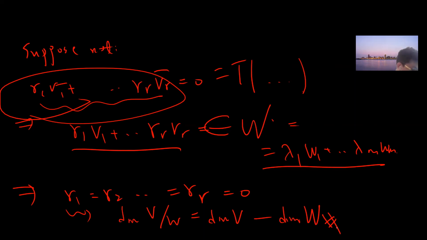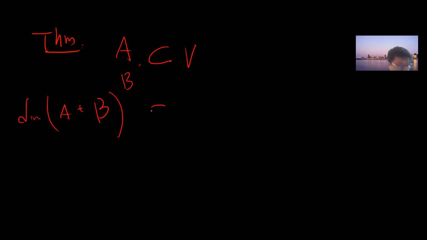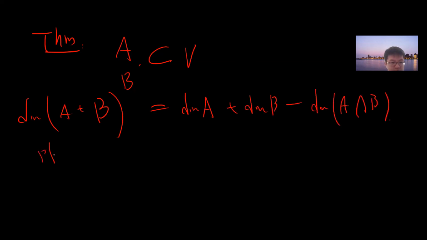Okay, so the final theorem, which is just a corollary, I think you can check by yourself. If you have A and B subspaces of V, you can ask about A plus B. Obviously, if A and B are the same vector space, then A plus B will be the same. So check by yourself that dimension of A plus B is dimension A plus dimension B minus dimension of A intersection B. The proof, let's just quickly sketch.